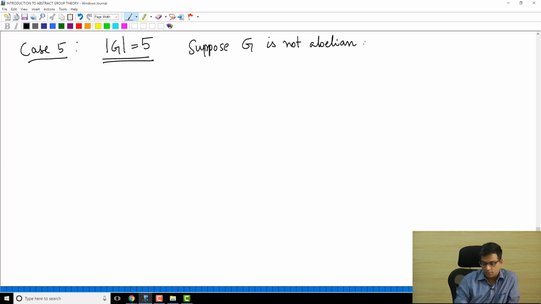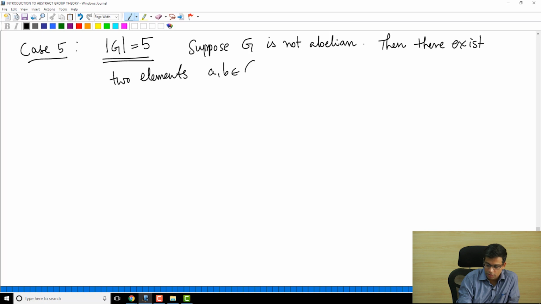If G is not abelian, then this is exactly as in case 4. There exist two elements A, B in G such that AB is not BA.